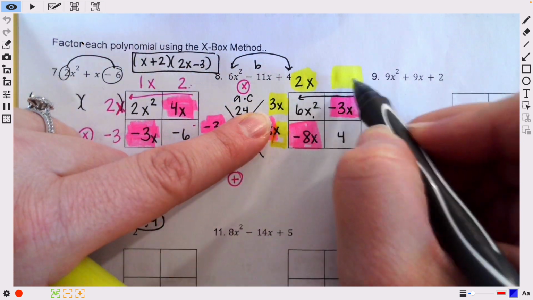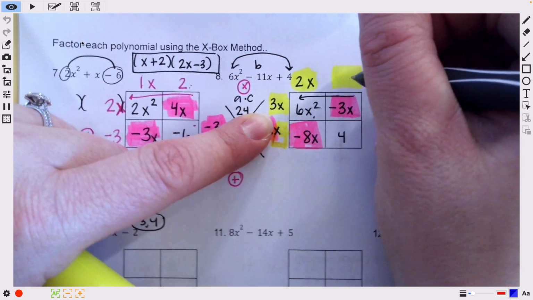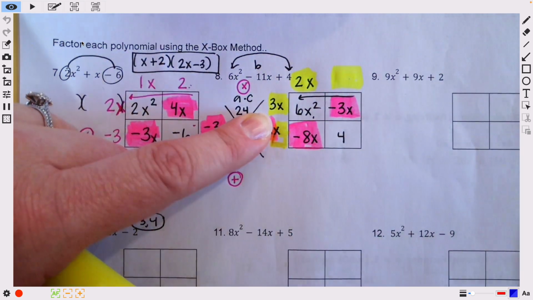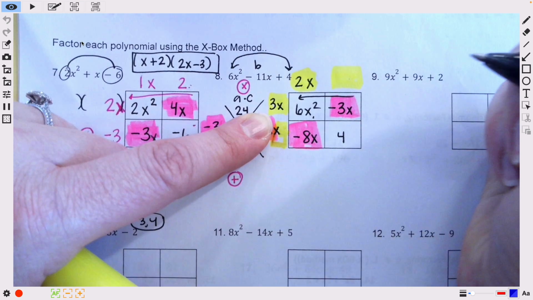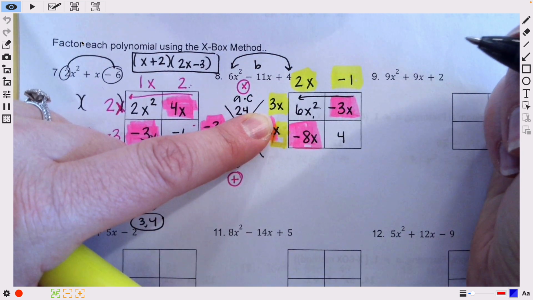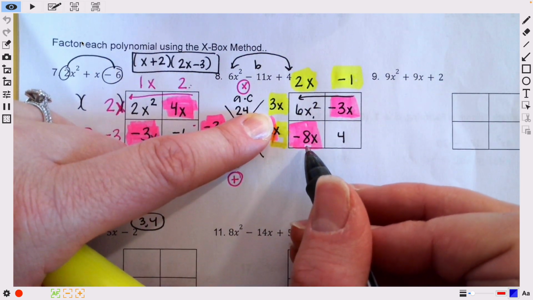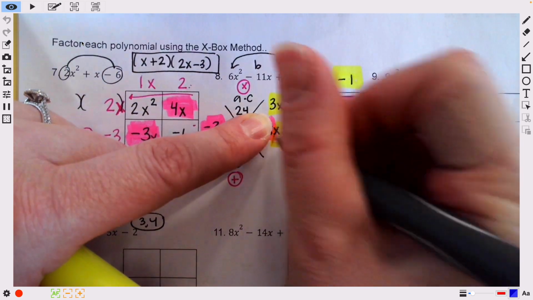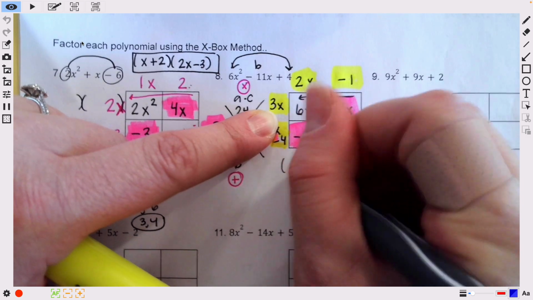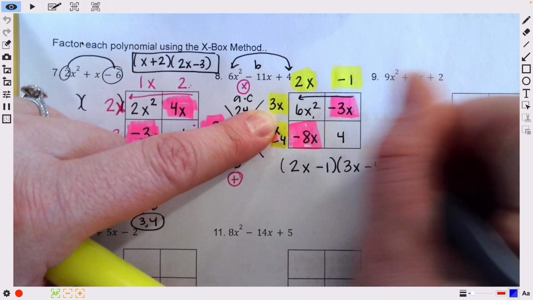Miss Maddie, 3x times what gives me negative 3x? 1x. No x. 3 times 1 is positive 3. Negative 1. Good. Richard, 2x times what would give me negative 8x? Good. Negative 4. And then negative 4 times negative 1. So our factors are 2x minus 1 and 3x minus 4.